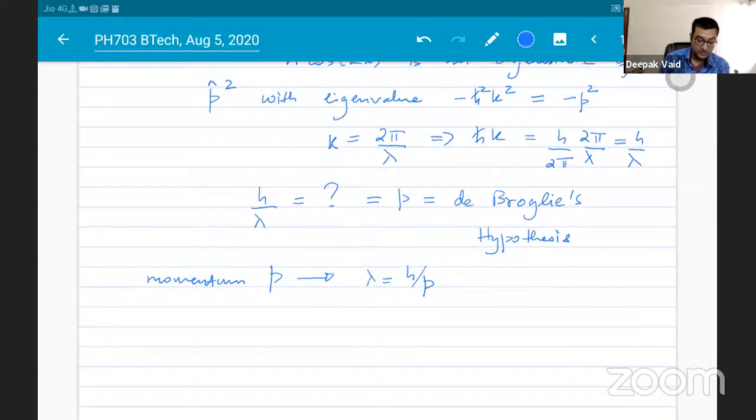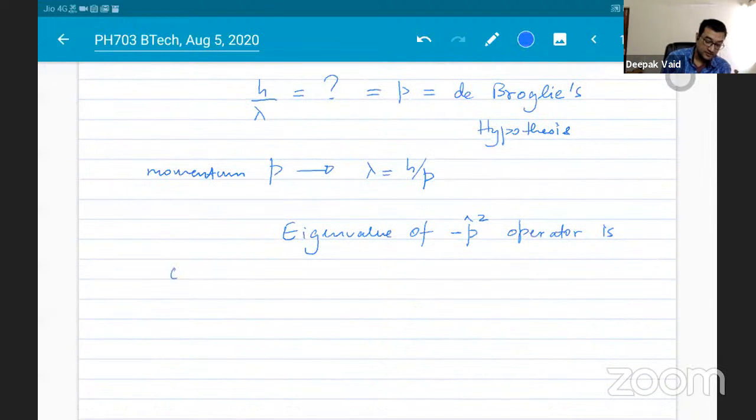So the eigenvalue of the p square operator is the classical momentum squared, p squared.